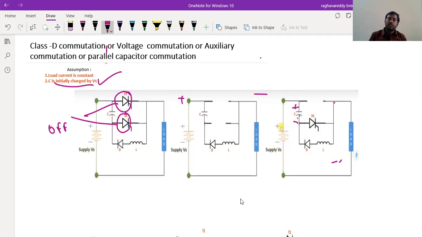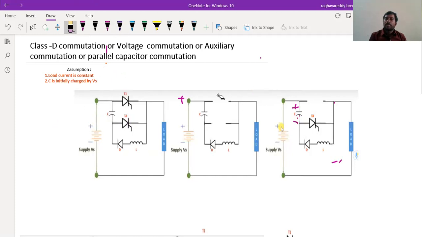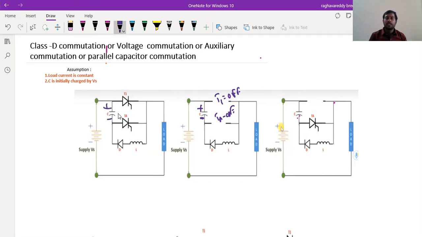So after the capacitor is charged, T1 is off and TA is off, and the capacitor is charged in this direction. We can take the capacitor as fully charged, and it is charged by turning on the auxiliary thyristor.